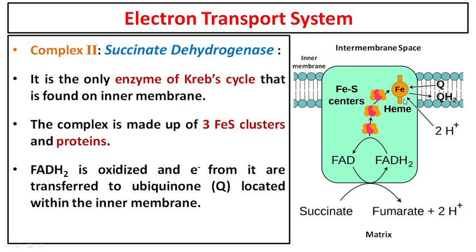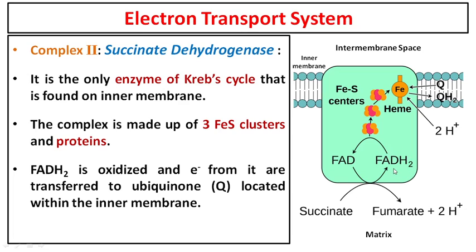Now let us see how the transfer is taking place. From succinate to fumarate, remember it is a reaction from your Krebs cycle. When succinate gets converted into fumarate, FAD gets converted into FADH2. So FAD is reduced and succinate is oxidized.